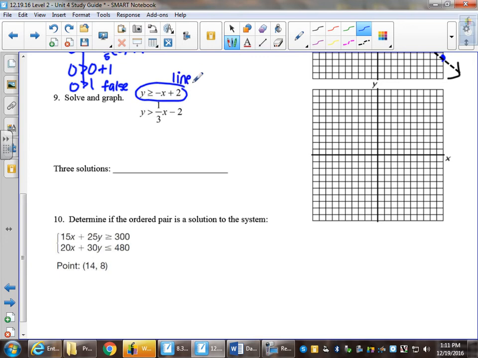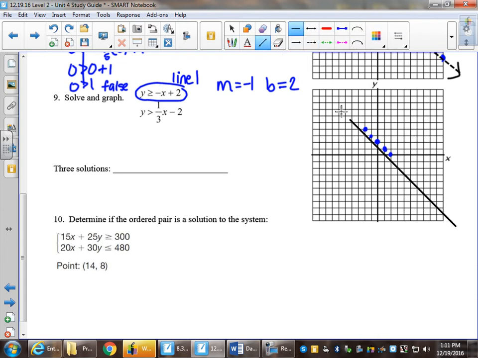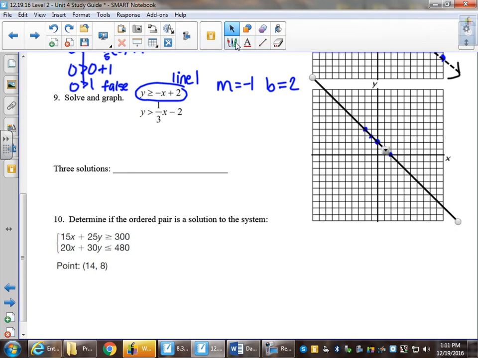We'll call this line 1. So for line 1, my slope is -1. My y-intercept is 2. So I'll go to 2 first. -1 means down 1, right 1, down 1, right 1, or up 1, left 1, up 1, left 1. From the inequality sign, I know that this will be a solid line. Let's put arrows on each end.